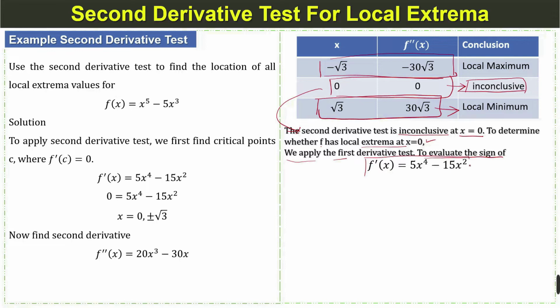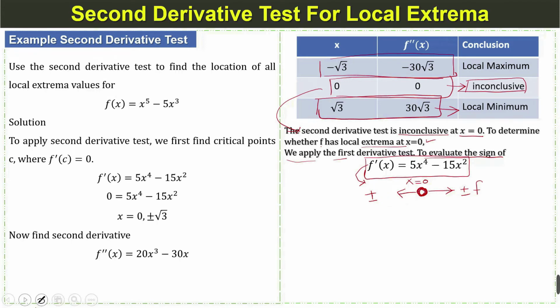We will check the sign of the first derivative around the critical point x is equal to 0, whether the function has a positive or negative sign around this point. Is the function changing its sign from negative to positive, or positive to negative around this point?